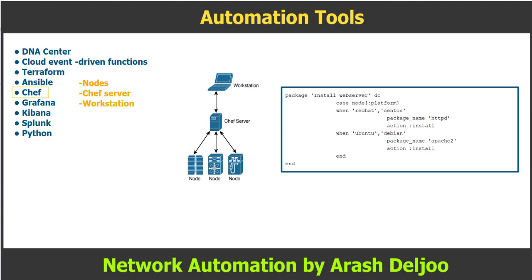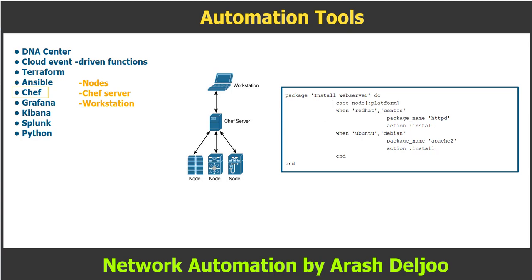Chef is targeted at managing systems as it requires the installation of an agent. Nonetheless, it can manage infrastructure that allows the installation of the agent, for example, Cisco Nexus 9000. Okay, the following examples assume that the Chef architecture is in place.